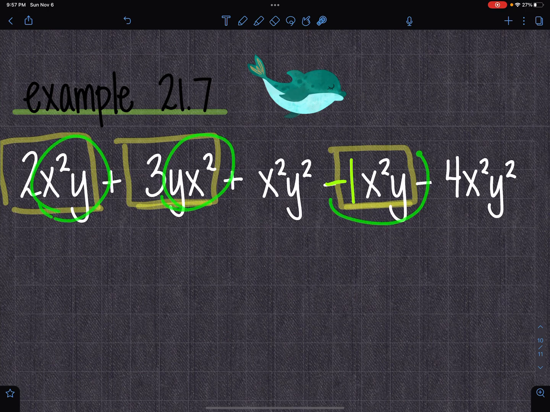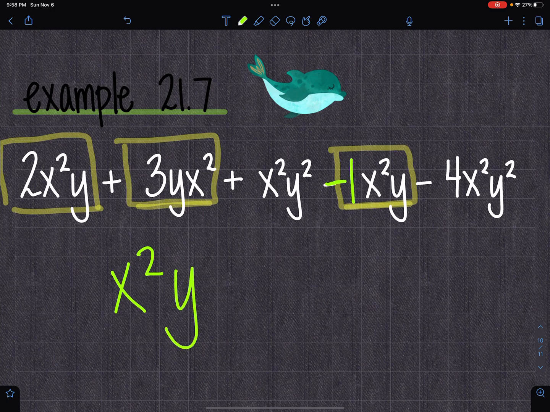I'm just going to write the variable part of it. X squared y. How many x squared y's are there? Well, there are 2 here. There's 3 here, so 2 plus 3 is 5. And then there's -1 here. So 5 minus 1, I'm down to 4. So I'm 4x squared y. Sweet. I think I took care of all of those, so I'm going to cross them out.